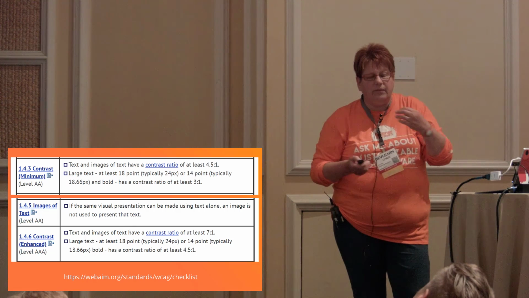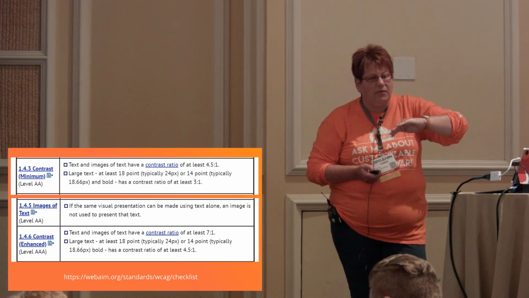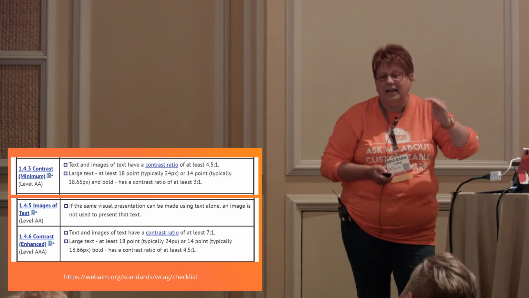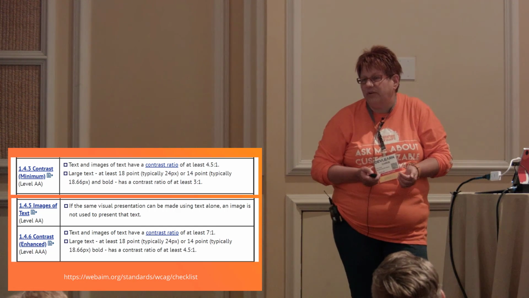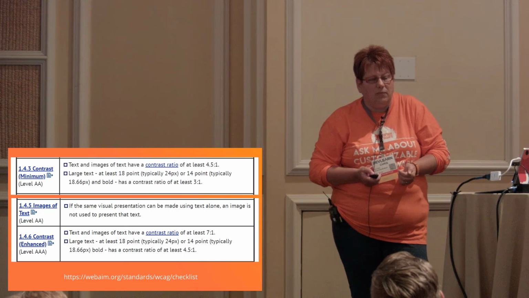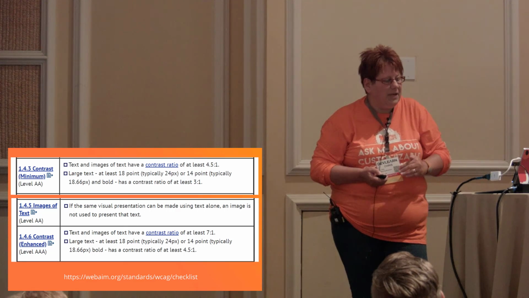So in our customizable courseware, we kind of hover between a AA and a AAA, depending on the density of the content on the particular screen that we're giving. But we're in there somewhere in the middle.